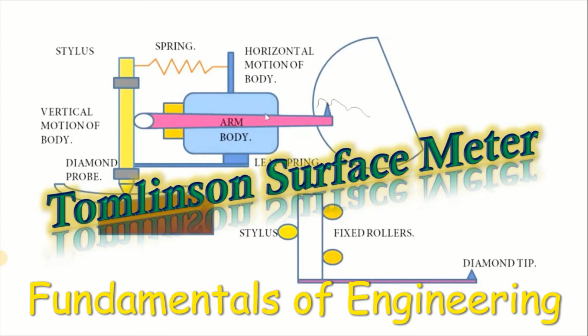These values we get in Ra, RMS and Rz. How to calculate the CLA and RMS values, we have already seen. Also we have seen one instrument for measuring the surface roughness, the Taylor-Hobson Talysurf.